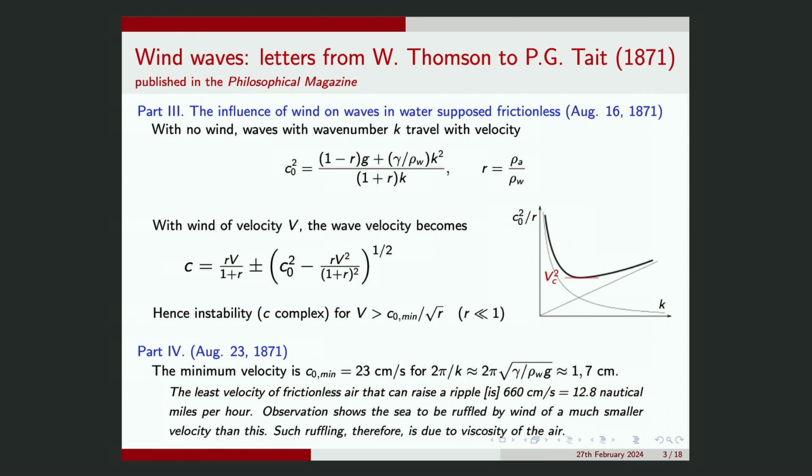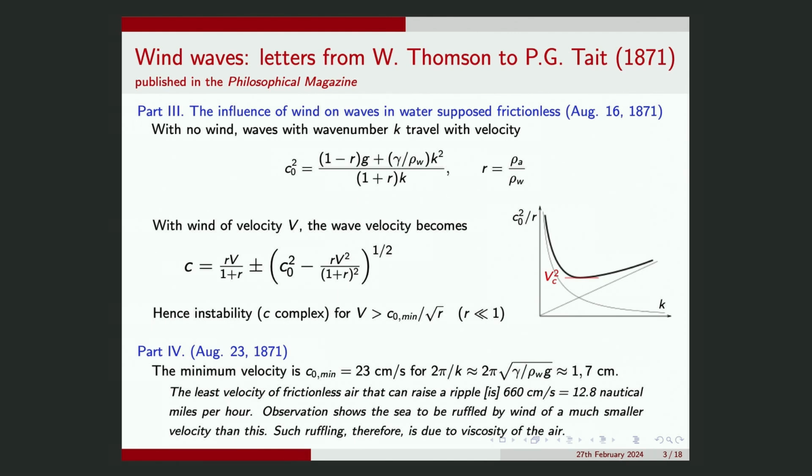That was part 3, and one week later, Kelvin sends another letter to Peter Tait, where he clearly indicates the existence of this minimum velocity, which is 23 centimeters per second, with a corresponding wavelength here.